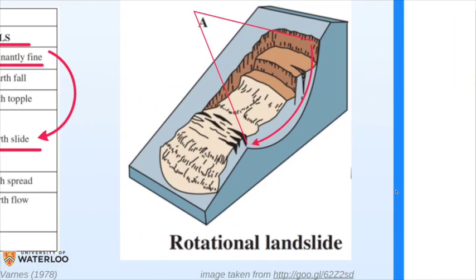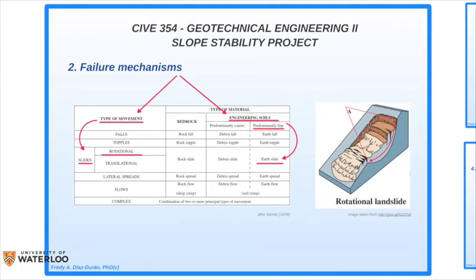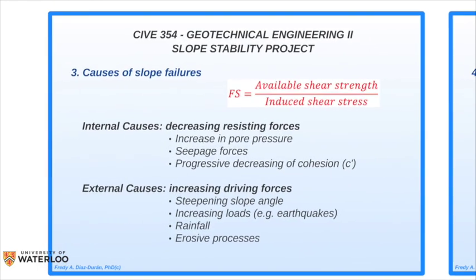We have one mass of soil moving, rotating with respect to point A. That is basically what we're going to do for this project. And the material we are going to use is soils, predominantly fines. So we are going to have an earth slide. That is what we are going to deal with.